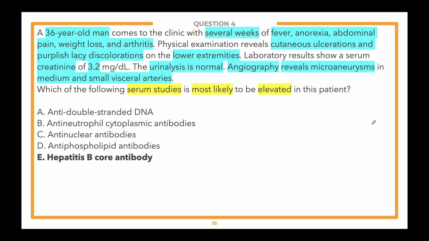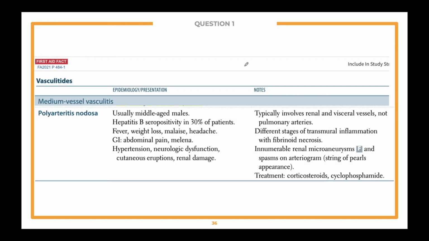So hopefully you were picking up that maybe this is a vasculitis, and which one most likely would be polyarteritis nodosa. Let's take a look at the next slide, which is reviewing some of those vasculitides. Polyarteritis nodosa is a medium vessel vasculitis. It can affect the small vessels, but it definitely will affect medium vessels as well. So patients can present with fever, weight loss, and abdominal pain because the blood vessels that feed the GI tract can be affected.